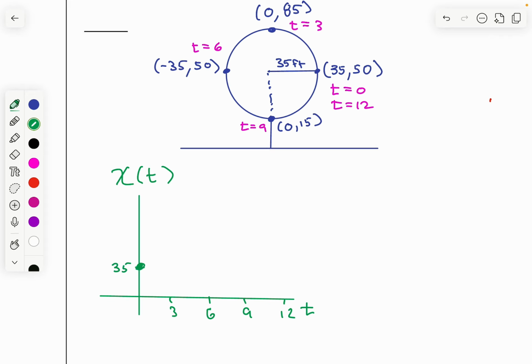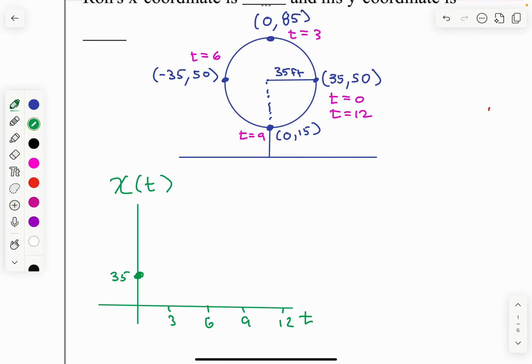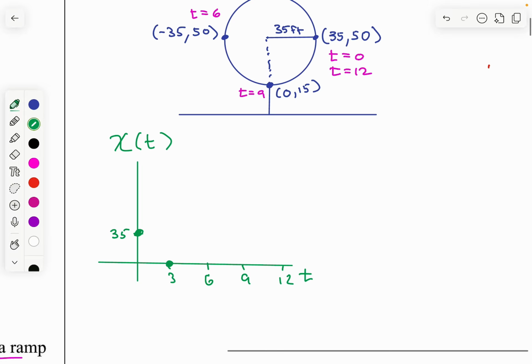At time 3, his x coordinate is 0. And then at 6, his x coordinate is negative 35. And then his x coordinate is at 0 at t equals 9, and then it's back up to 35 at 12.